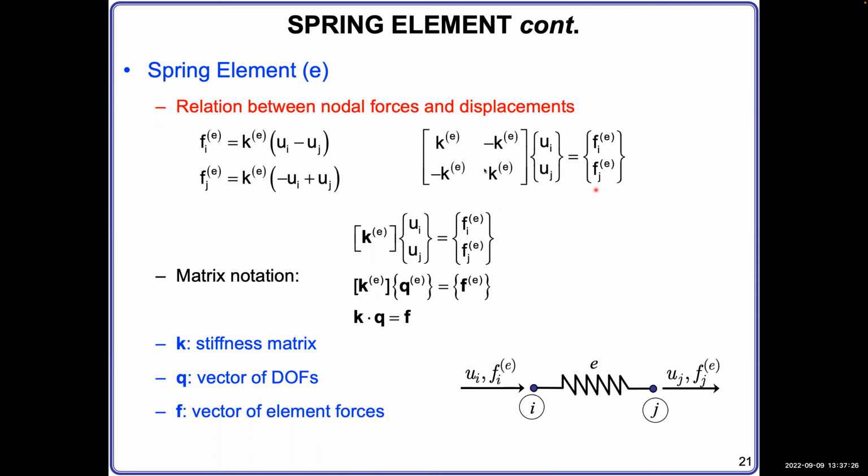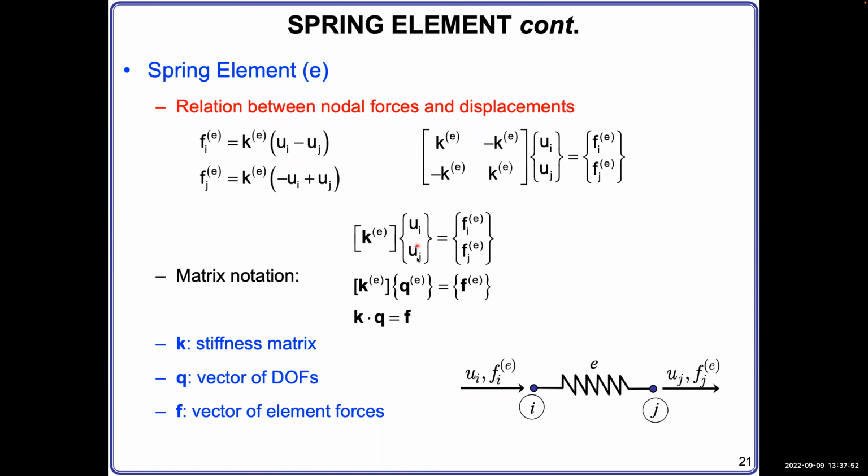Now, this format can also be abbreviated into this form. We write the spring constant K into bold shape now, which means this is a matrix. This matrix times the displacement vector equals the force vector.